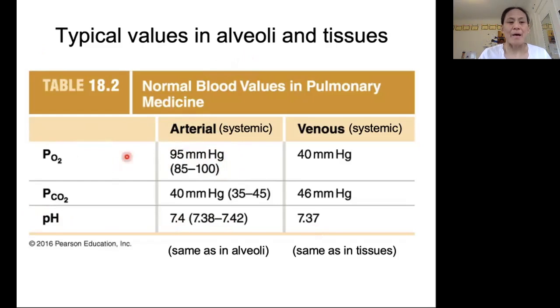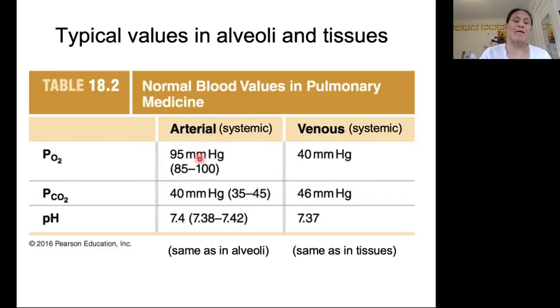PO2 in our systemic veins is 40 millimeters of mercury. PCO2 of our systemic arteries is about 40 millimeters of mercury. PCO2 in our systemic veins is about 46 millimeters of mercury. So I do want you to know these values, okay?